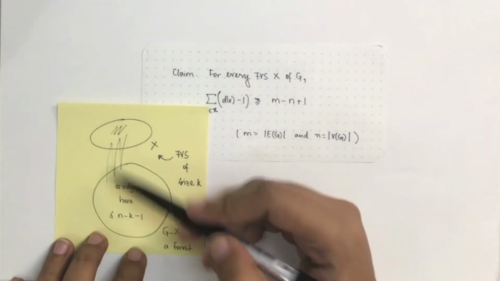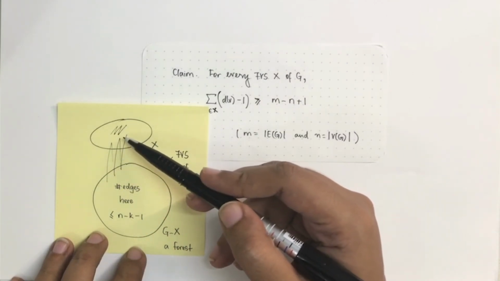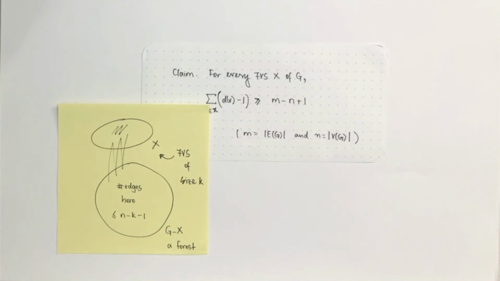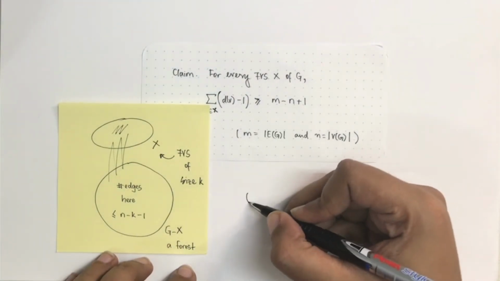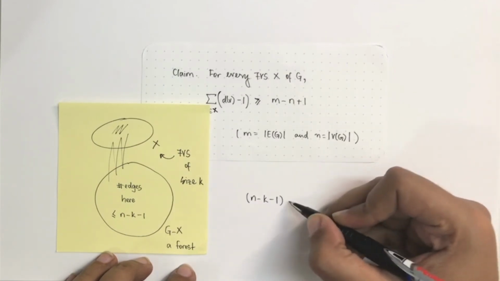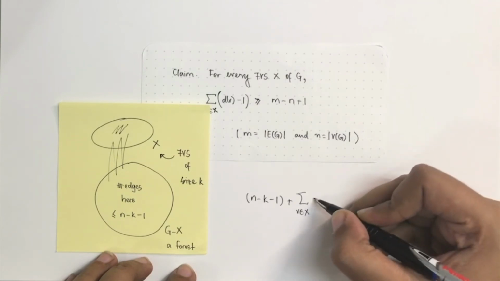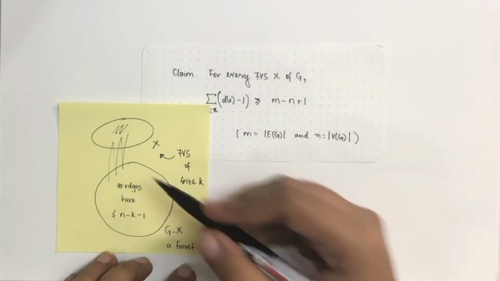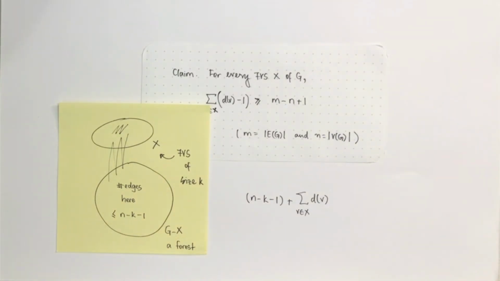Notice that every other edge that doesn't belong to the forest is incident on X and can be proxied in some sense by the sum of the degrees of all the vertices in X. So if we were to write down the following expression, so let's say we have n minus k minus 1, and we also have the sum of the degrees of all the vertices in the feedback vertex set, then notice that every edge here is getting counted at least once.